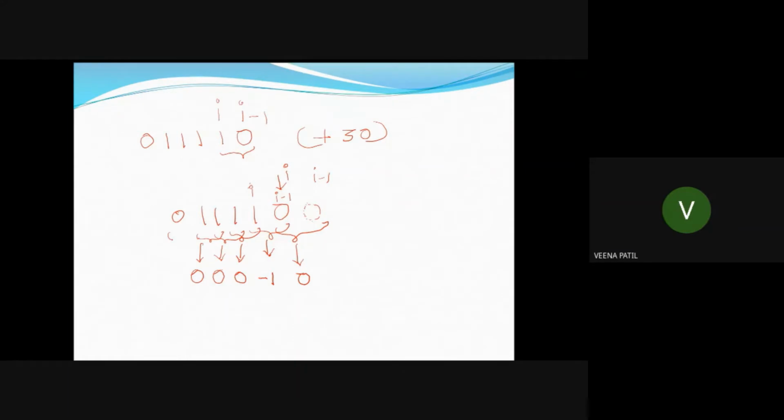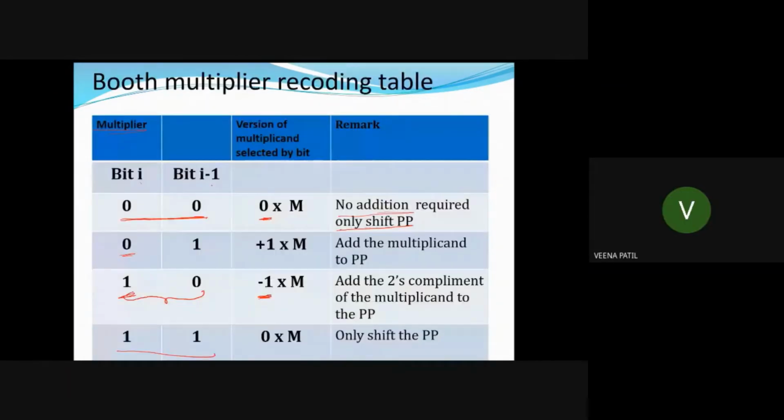Now can you tell me what is the new sequence of bits? It is 0, 1. So what will be the recoded value? Minus 1? Let's see the table. If you can see here, is it minus 1 or plus 1? Plus 1. That is why you should write this table before writing in the exam. It is 0, 1. It stands for plus 1.